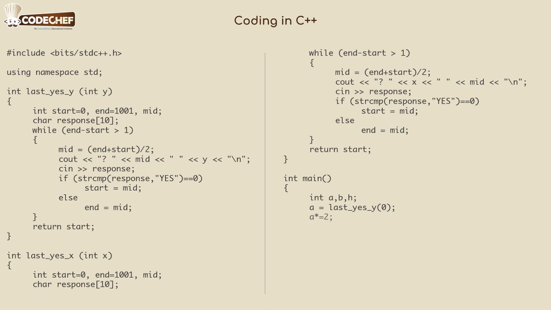Next, for finding b by 2, we need to find the last yes on y is equal to a. So we will use last yes y a. It is also returning b by 2, so we need to multiply it by 2. For finding x plus a, we need to find the last yes on the line x equal to 0. This is returning x plus a, so we need to subtract a from it. Finally, we will print the area.